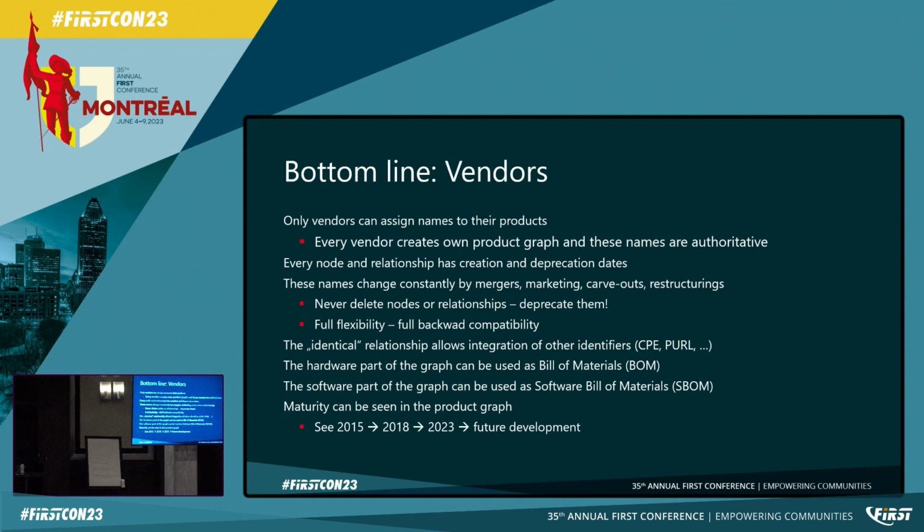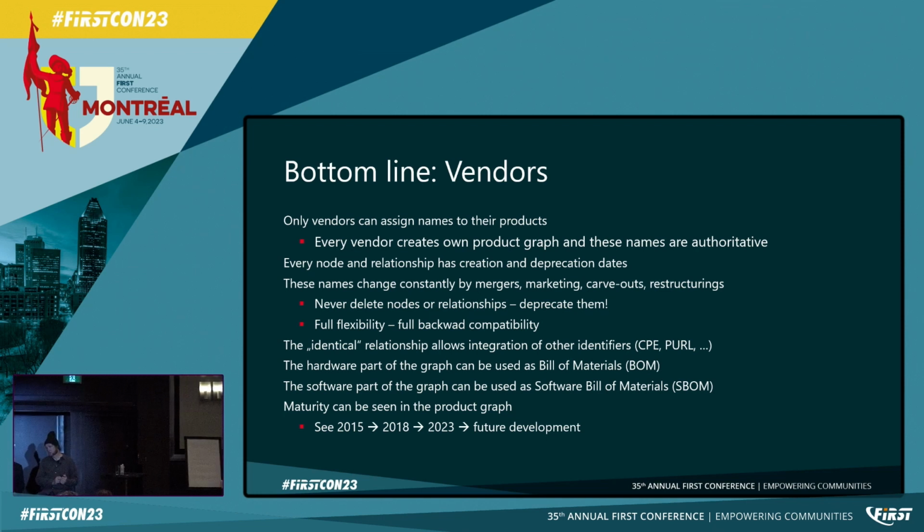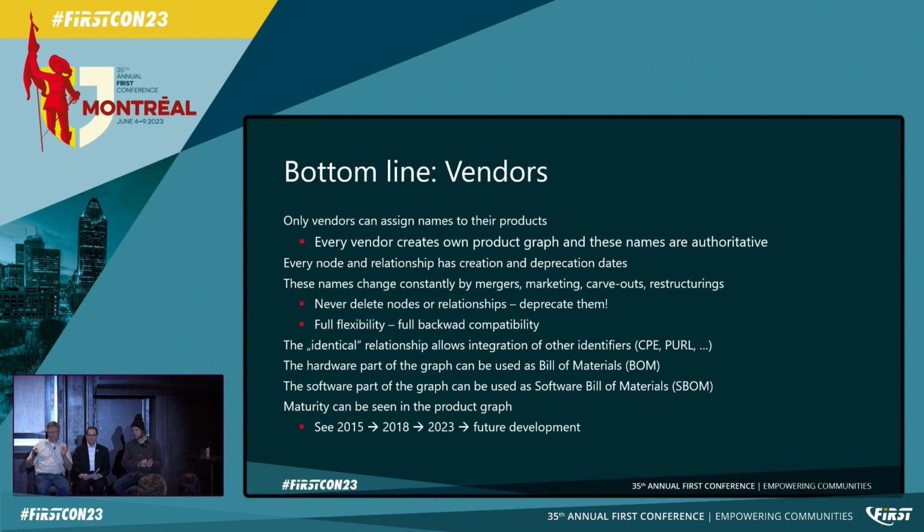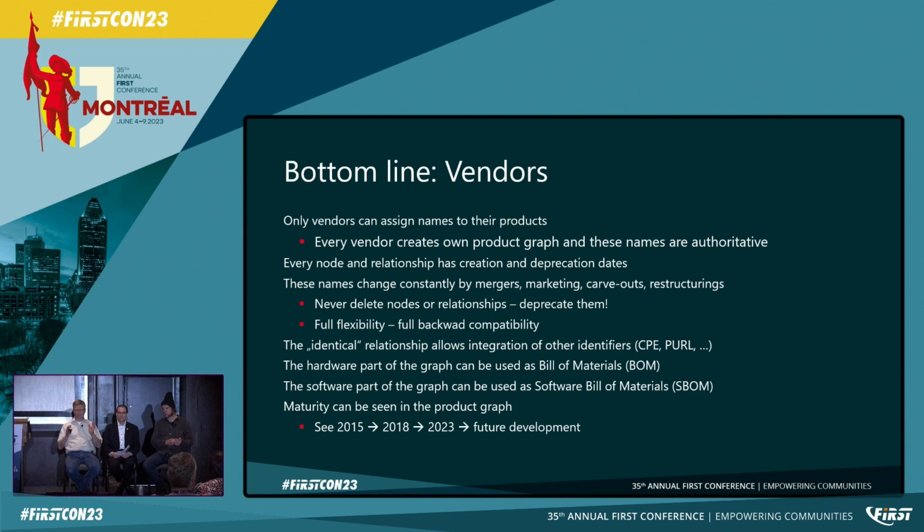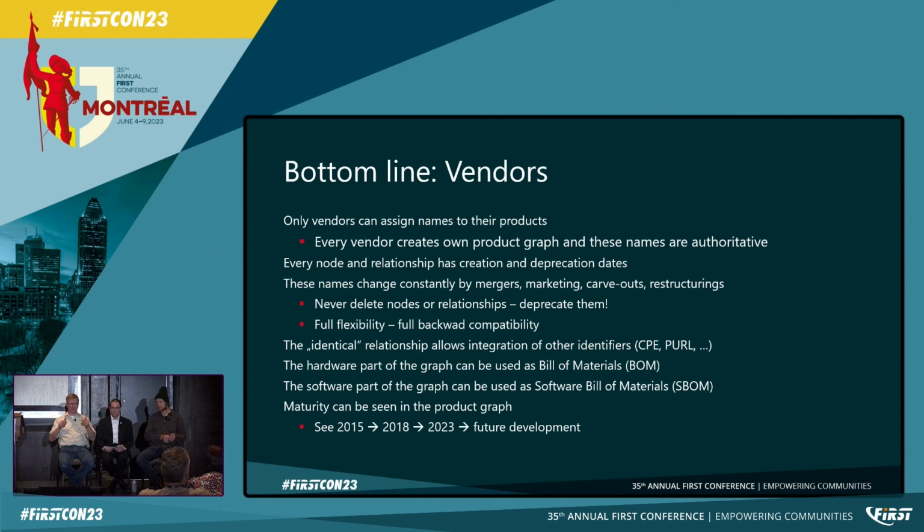Bottom line, most of that has been said before. Every vendor creates his own product graph, and those names are authoritative. Don't invent Siemens names. This is our job. We have so much confusion out there. This just adds to the confusion. Every vendor needs to get his naming scheme straight.